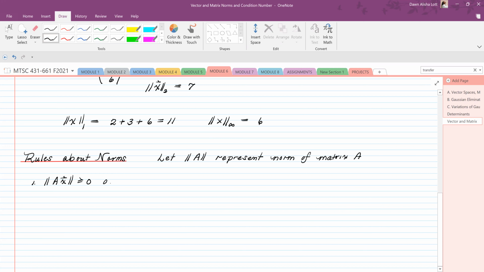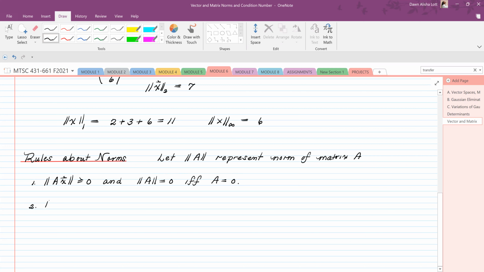And the norm of A is actually equal to 0 if and only if A itself is the 0 matrix.